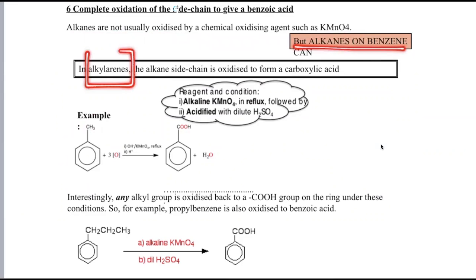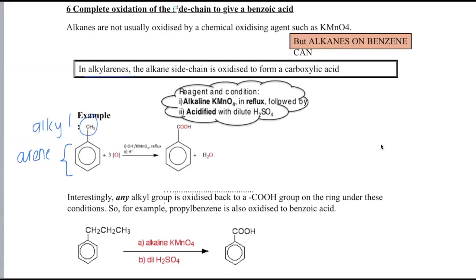Alkyl arenes means the alkane group or the alkyl group that is attached to a benzene ring. Okay, remember, arene is the group that your benzene belongs to. Benzene is the simplest type of arene. So this is what we call an alkyl arene. So if you look here, this is an alkyl, and then the ring is called an arene or benzene ring.